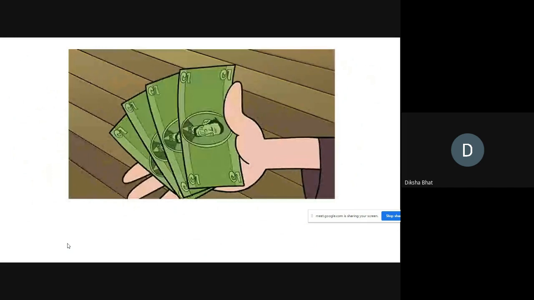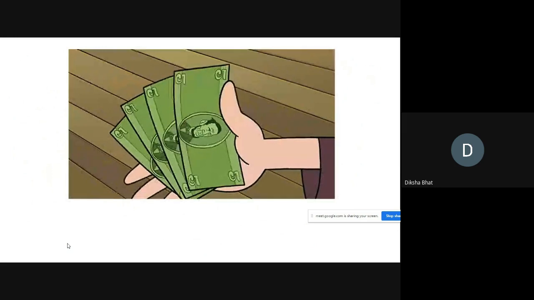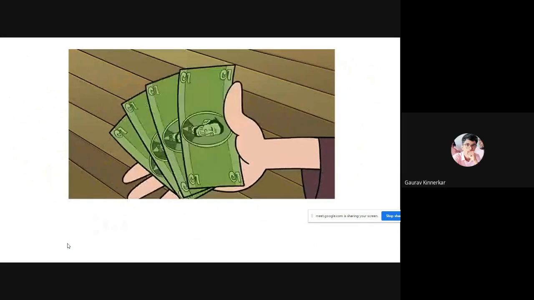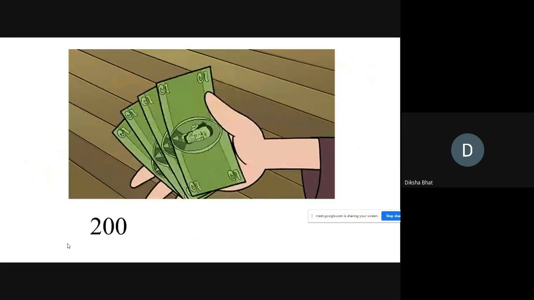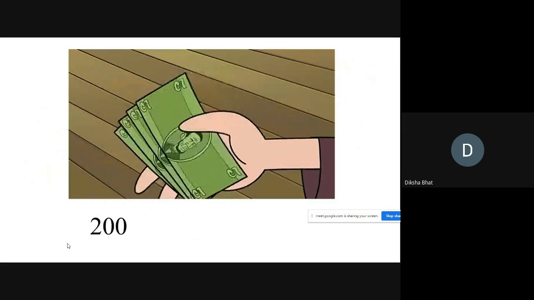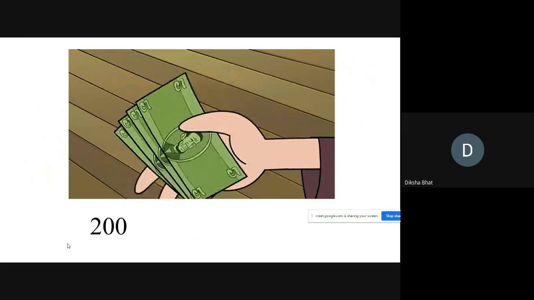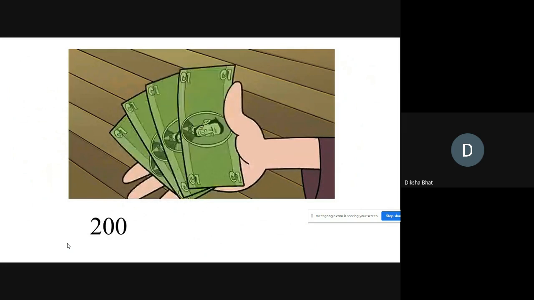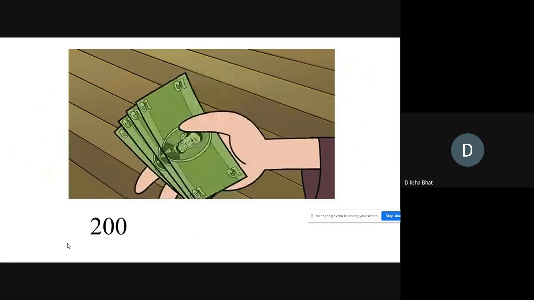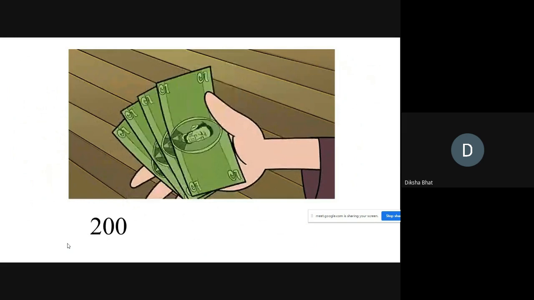Now suppose you had 200 rupees. How will you represent it using integers? Positive 200. Correct. And suppose you gave it to your friend. You gave 200 rupees to your friend.